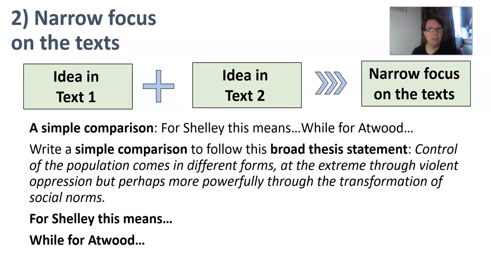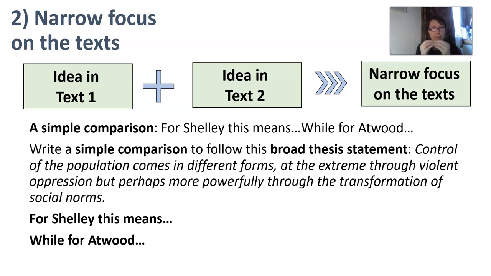Let's start off by looking at a simple comparison. So a simple comparison just means that you say, here's my main idea, here's my broad thesis statement, and for text 1 it means this, and for text 2 it means this. So let's practice. Control of the population comes in different forms, at the extreme through violent oppression, but perhaps more powerfully through the transformation of social norms.